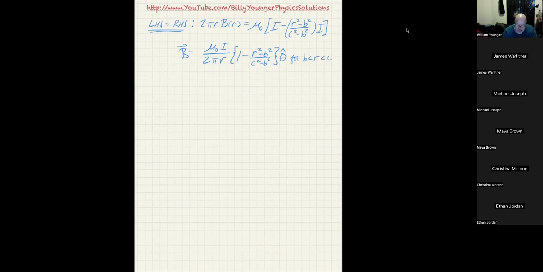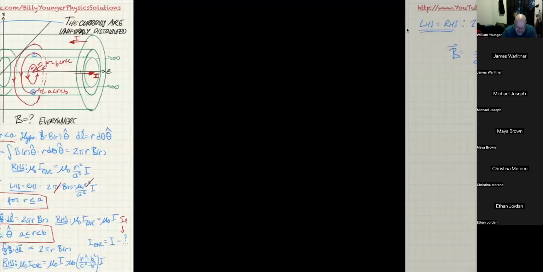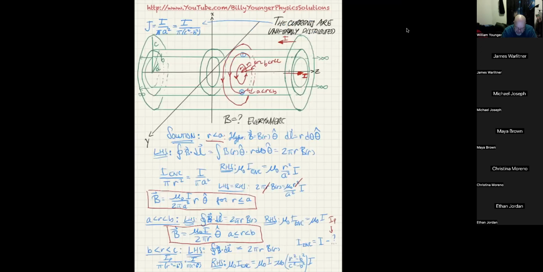And if you look back and consider r equaling b, notice if r equals b, the numerator of that fraction becomes 0, and you just get mu 0 I over 2 pi r, which is in fact B. That's exactly the same thing that we got for the one for a less than or equal to r less than b.